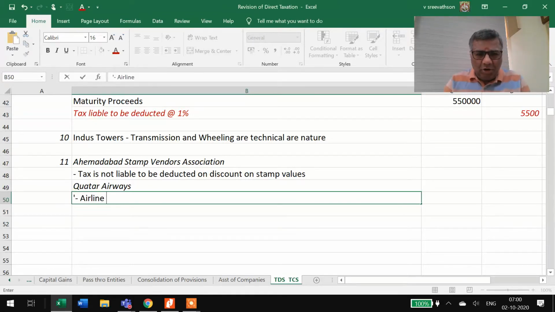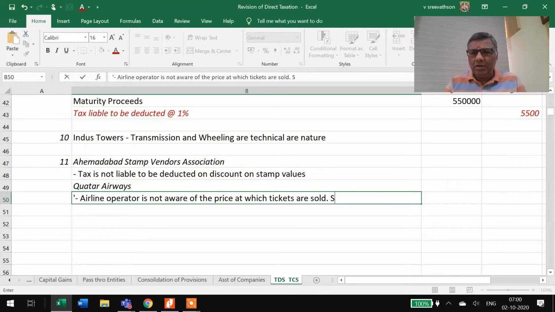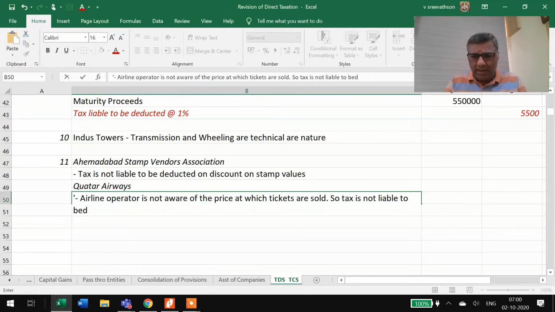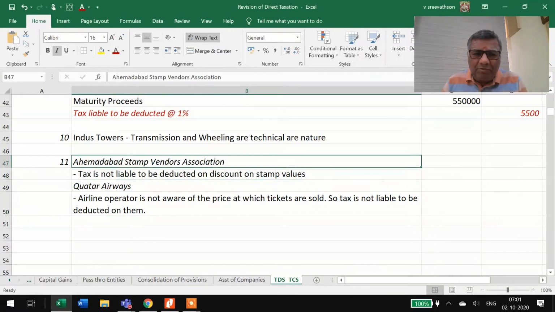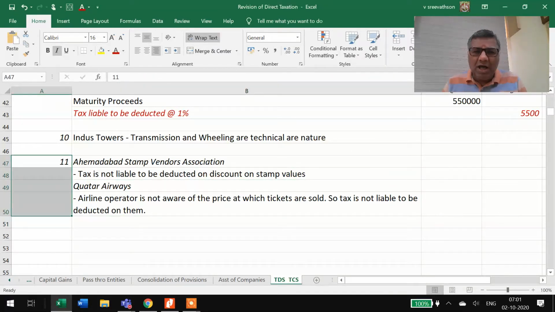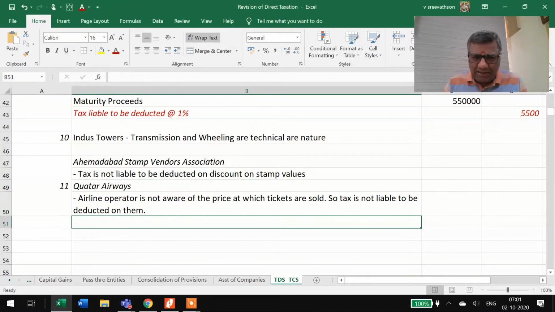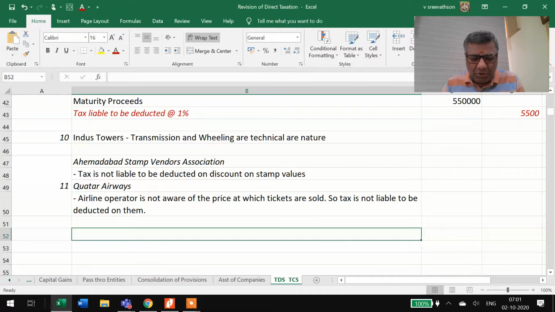The airline operator is not aware of the price at which tickets are sold, so tax is not liable to be deducted on them. Only on whatever minimum commission I am offering should I deduct tax at source. Otherwise, when I am not even aware, how do you expect me to deduct tax at source? So these are those two case laws.